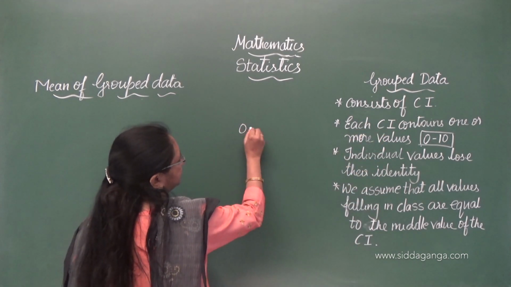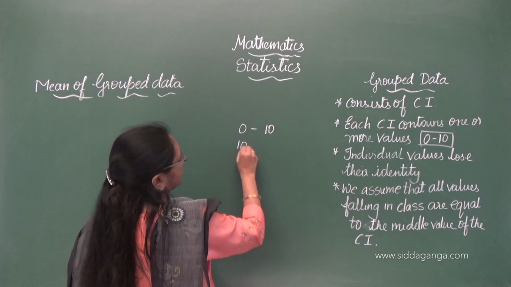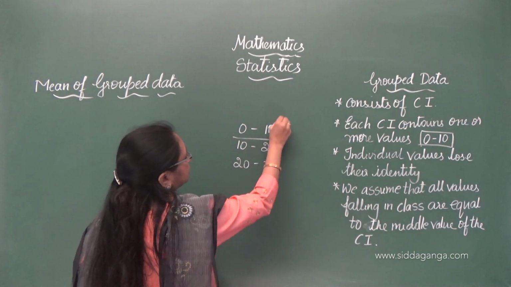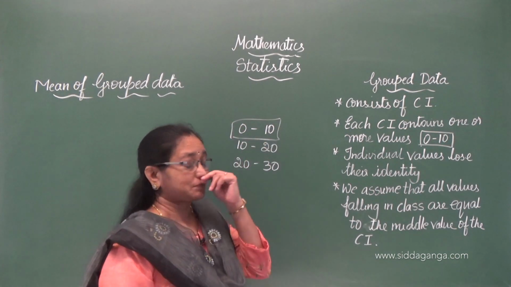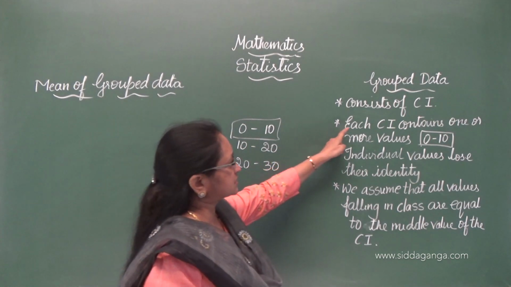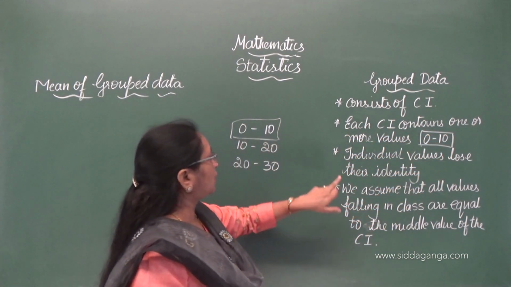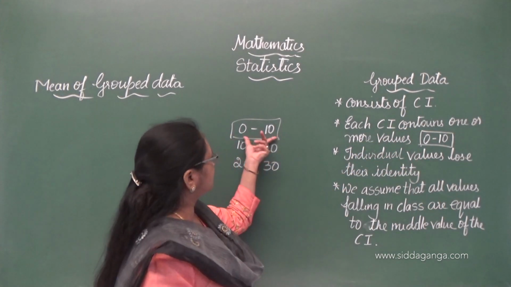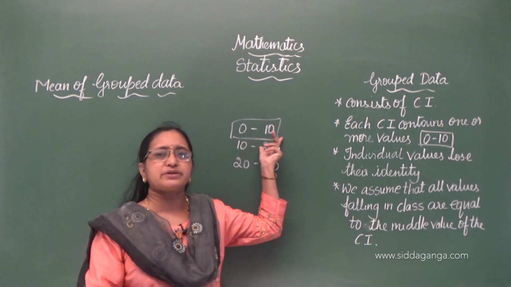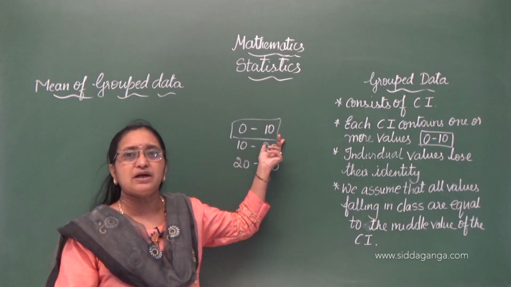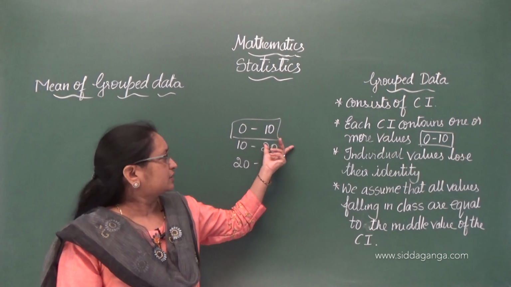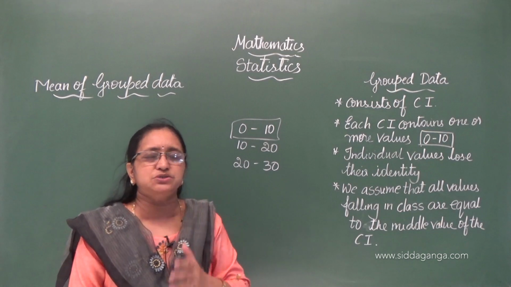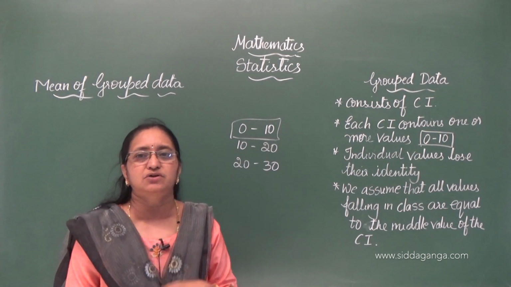For example, yesterday I told you 1 to 10, 10 to 20, 20 to 30, like this we will make a group. Each class interval contains one or more values. In the introduction class, I had taken the marks obtained by 10 students.